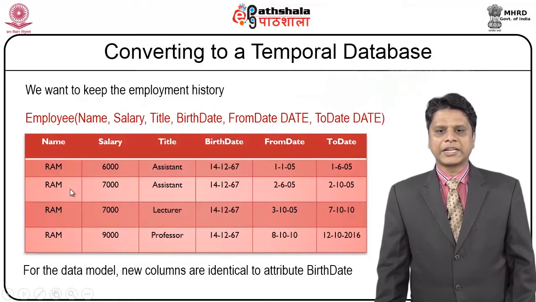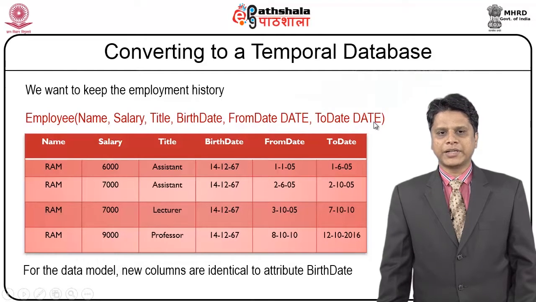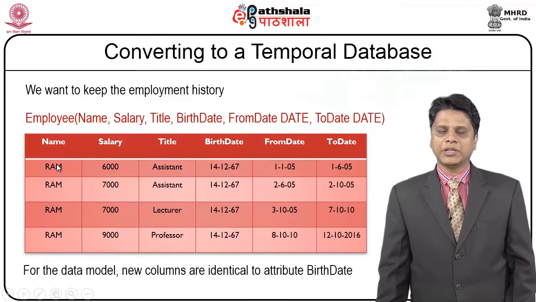If you look at this database, the employee has attributes like name, salary, title, birth date, from date, and to date, in date format. These are the values associated with a specific person named Ram.